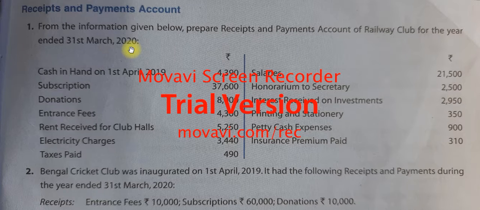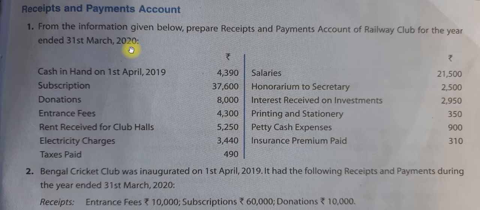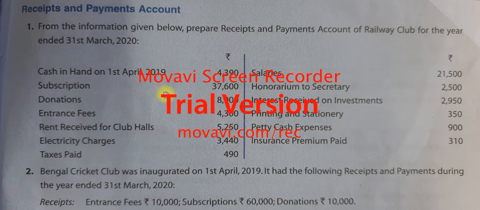So they are following the financial year. What will be the beginning of the year? 1st April 2019. So we are going to prepare the receipts and payment account from 1st April 2019 to 31st March 2020.